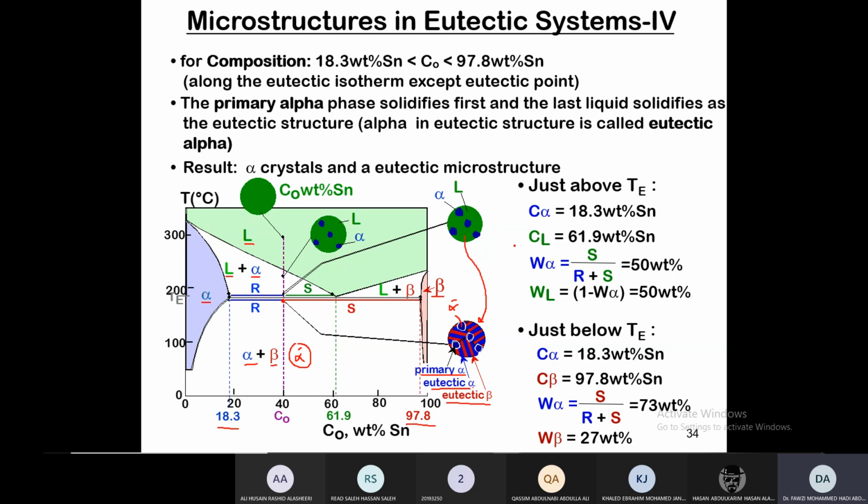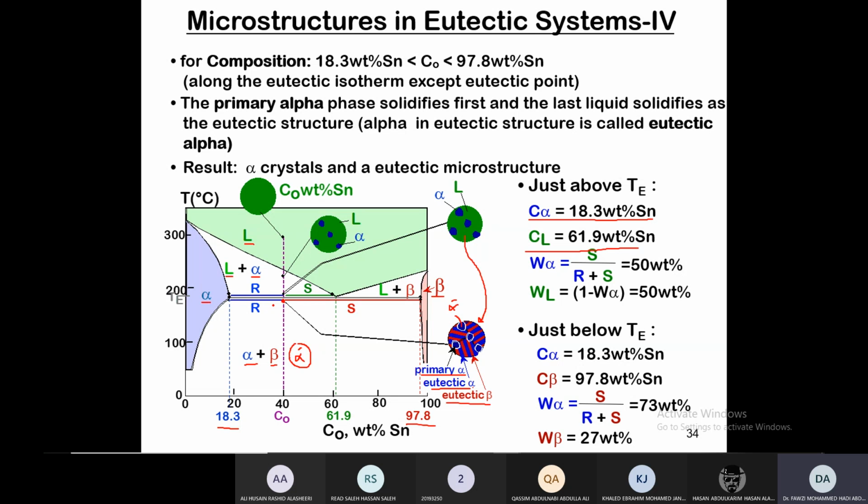Again, the composition of the alpha is 18.3, which is shown there, and the composition of the liquid will be 61.9, nearly that much, which is the eutectic composition basically, because we are just above the isotherm. So this is the composition of the liquid, and that's the composition of the solid.